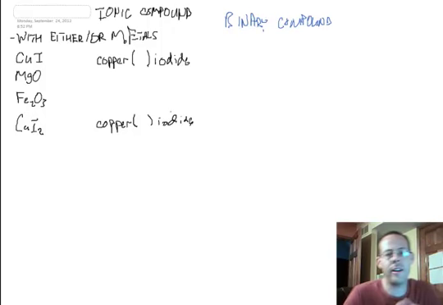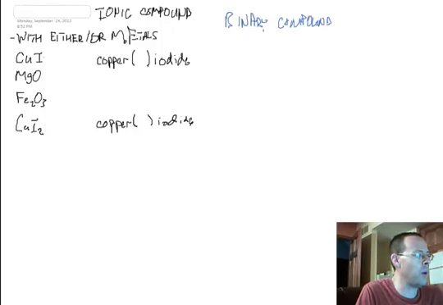Alright, so we know that ionic compounds have to have a neutral charge overall, or our negative charges have to add up or cancel out with our positive charges. So if that's the case, what we're going to do is we don't know the charge on copper, but we always know the charge on iodine. So if you look on the periodic table, we see it's a halogen, and its charge is -1. Okay? So the way this formula is written, we have 1 copper for every 1 iodide.